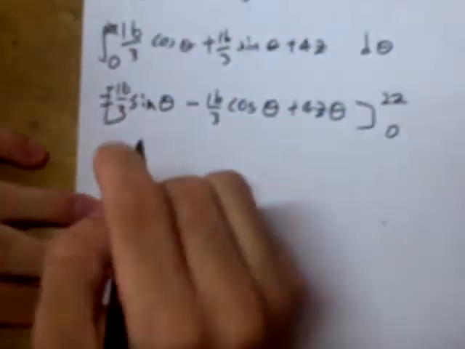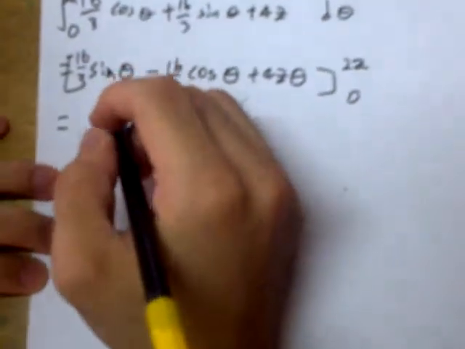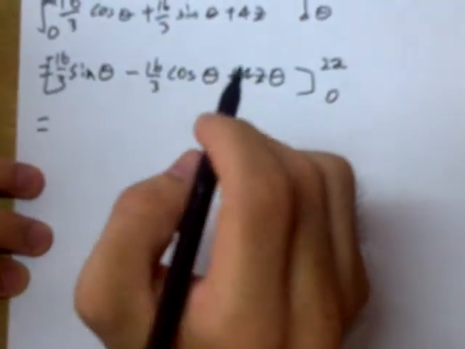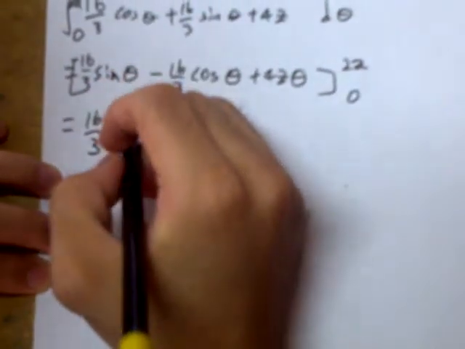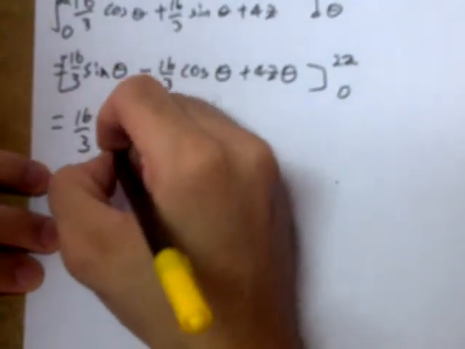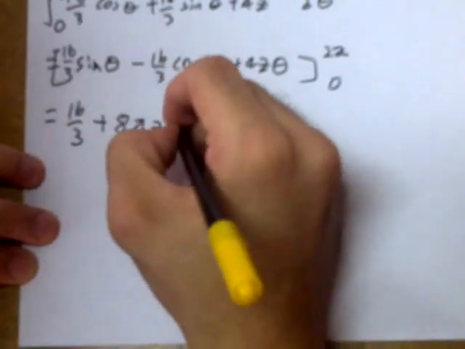We substitute in the value 2 pi, so sin 2 pi is equal to 0, so we don't have to do anything. Cos 2 pi is 1, so negative 16 over 3 plus 8 pi z.